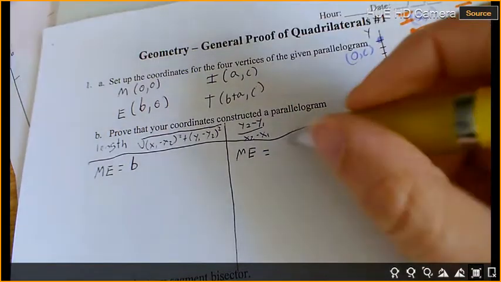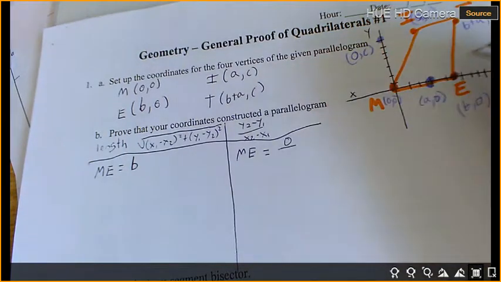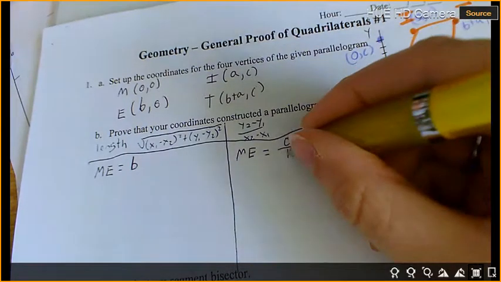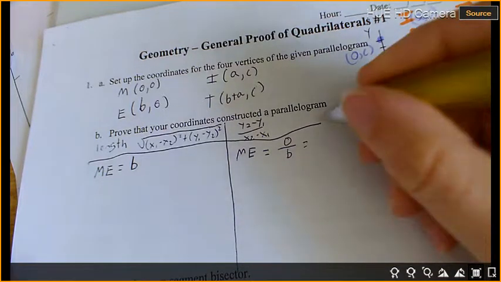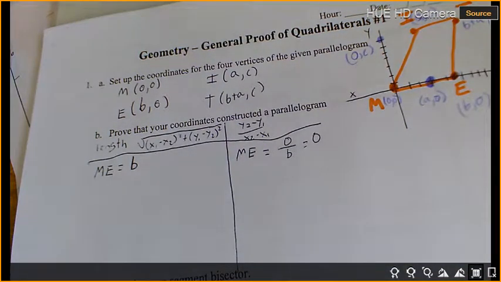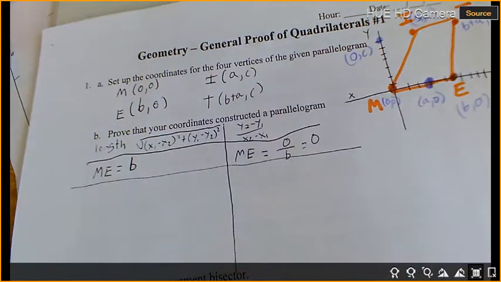No. So that's 0. And then I went over B, right? So 0 over B gives me the answer 0. If 0 is on the bottom, what do we call it? Undefined. Okay. Now we're going to do E to T.